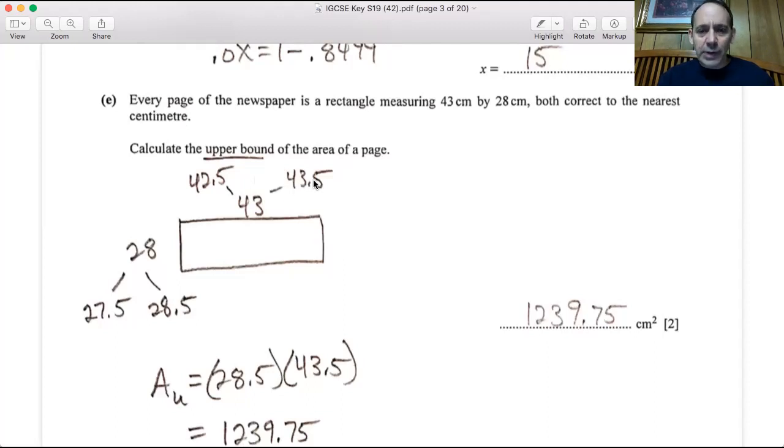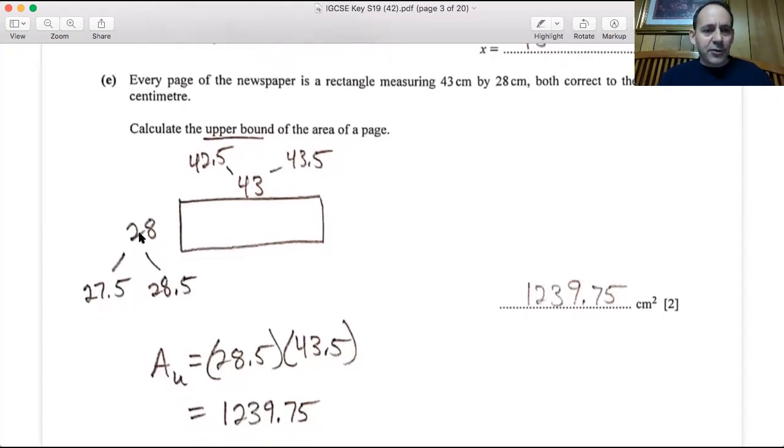Okay, so you still write it even though technically it's not included if you were to write it in boundaries. So for the 28, 27.5 to 28.5, we're doing upper bounds, which uses your upper values.